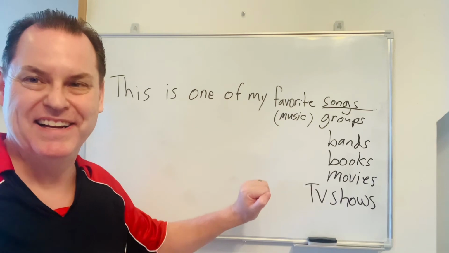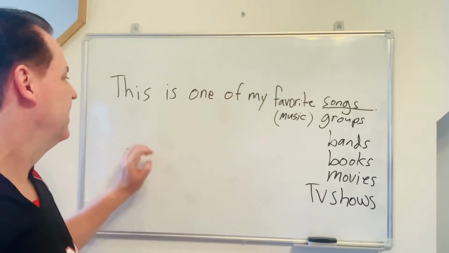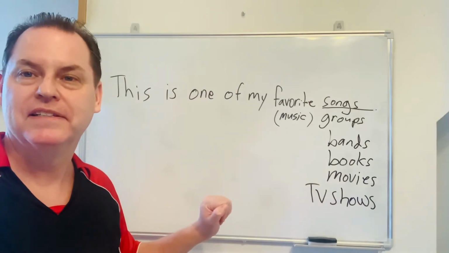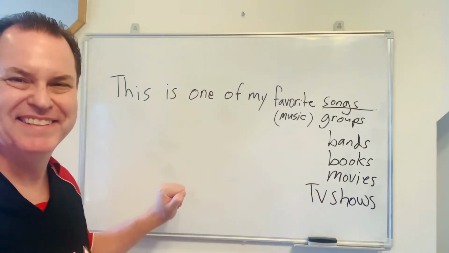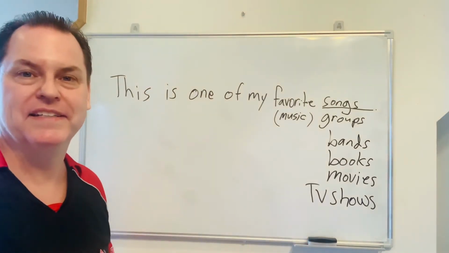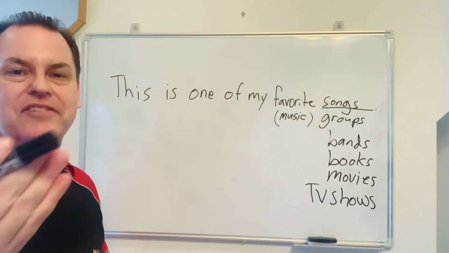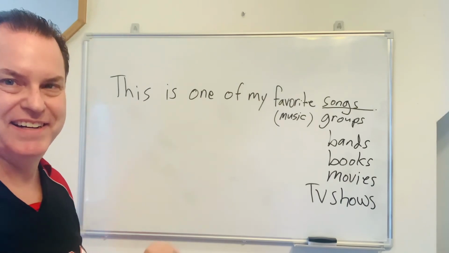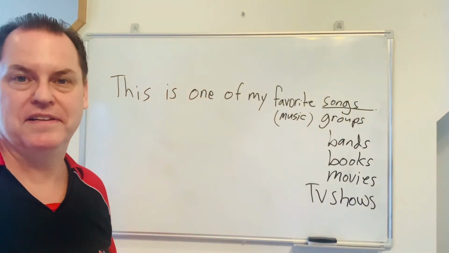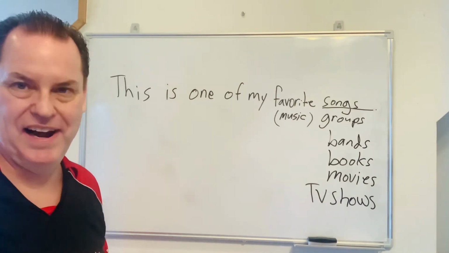Now you try. Good. This is one of my favorite books. You try. This is one of my favorite movies. Now you try. Good. This is one of my favorite TV shows. Now you try.